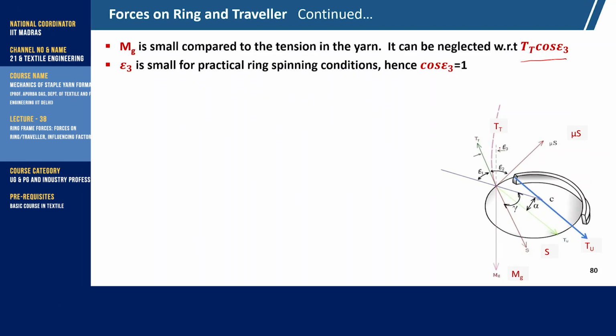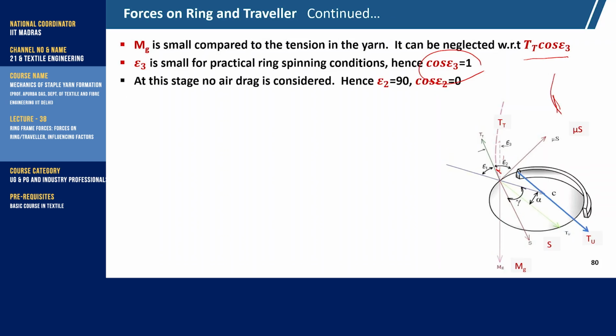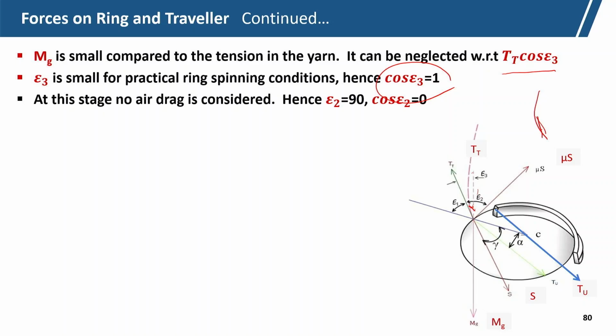This angle is a vertical deflection at any point, so it is small. So, cos epsilon 3 we can assume as 1. At this stage no air drag is there, hence this epsilon 2 will be 90 degrees, so cos epsilon 2 will be 0.